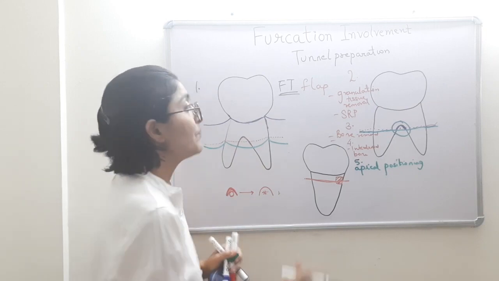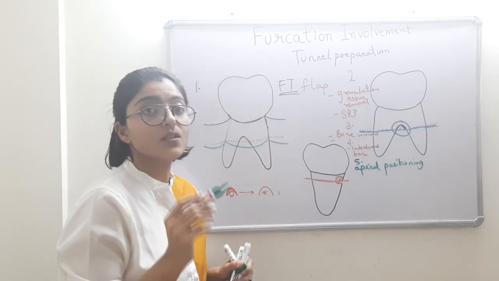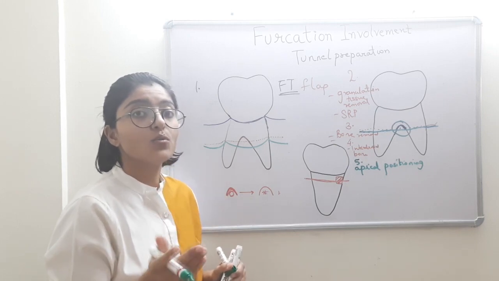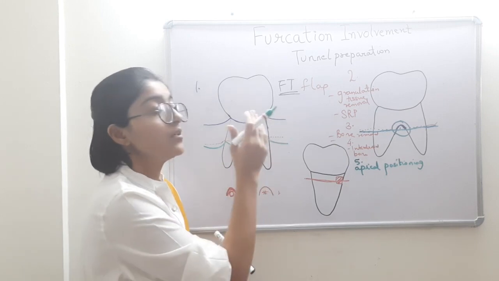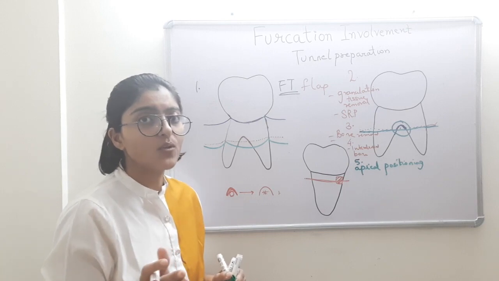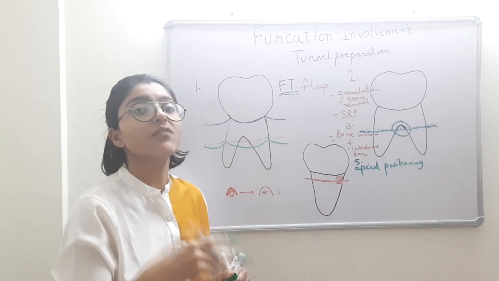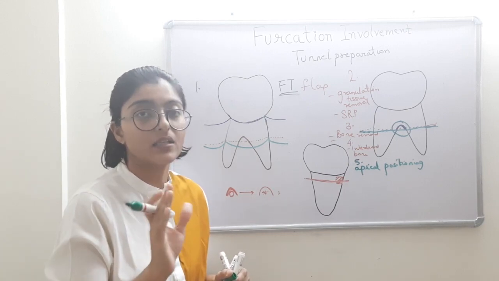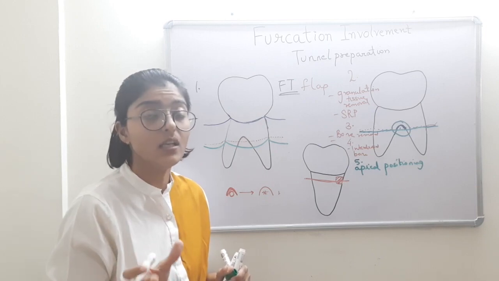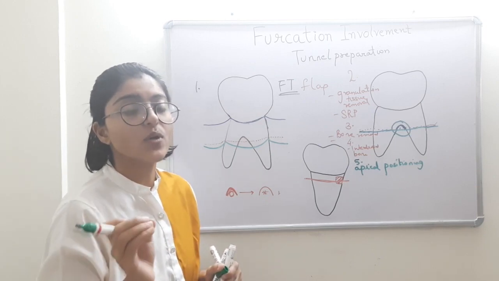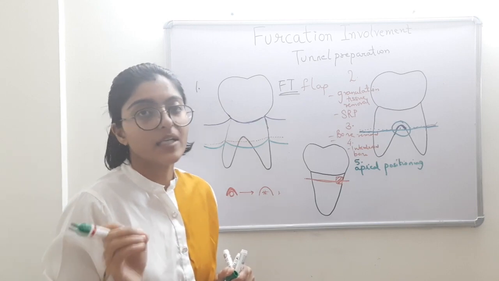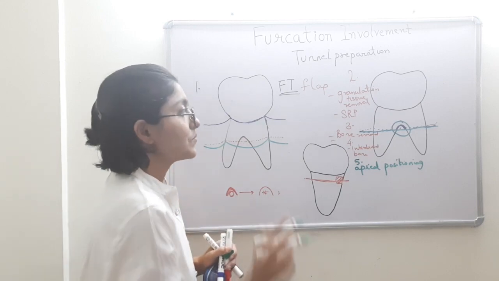A quick summary: tunnel preparation is a technique used to treat deep grade 2 and grade 3 lesions, to convert them into grade 4, which is a through and through bone loss tunnel, but clinically visible, so as to be maintained by the patient on a daily basis.